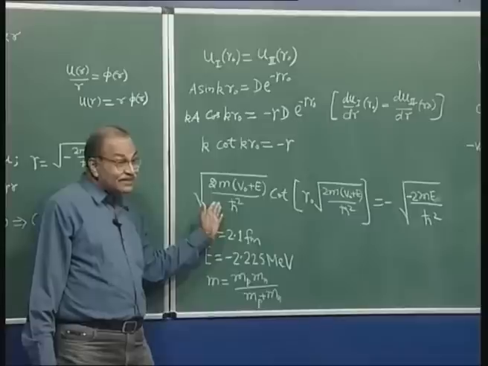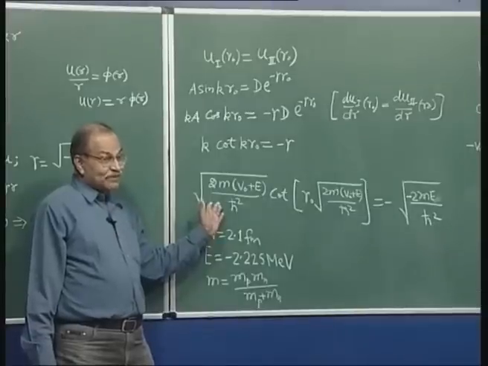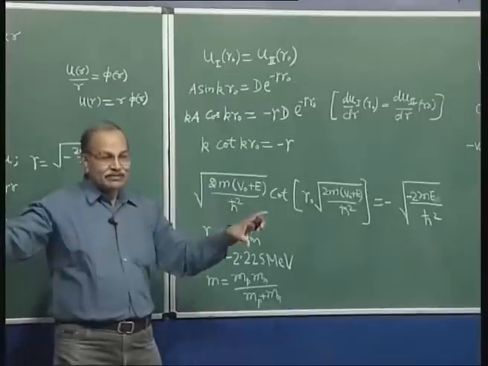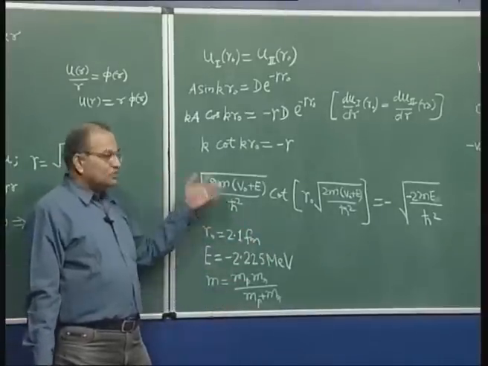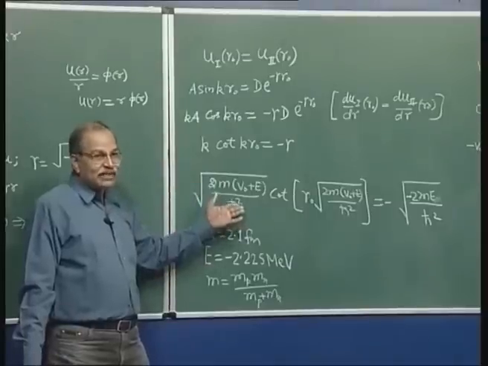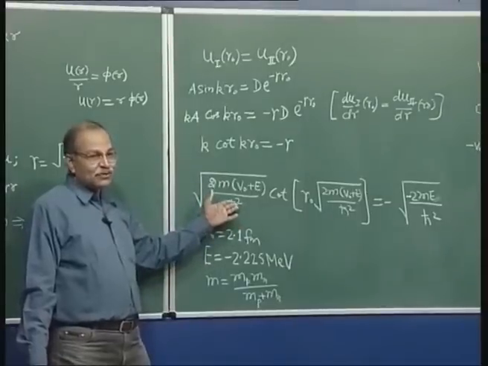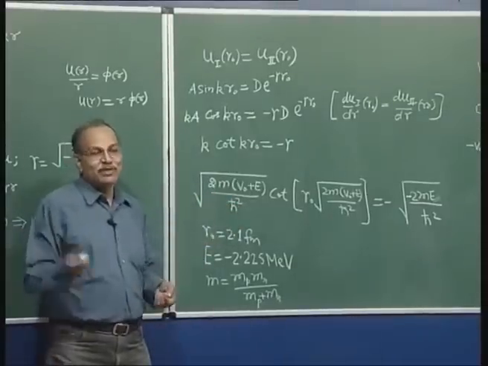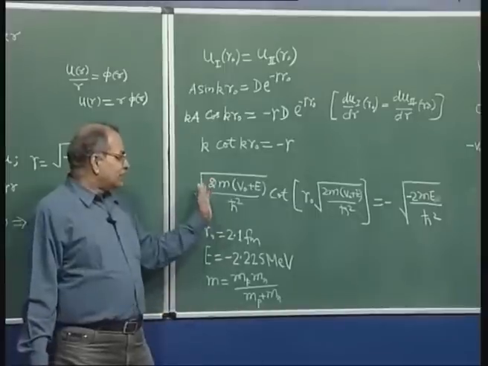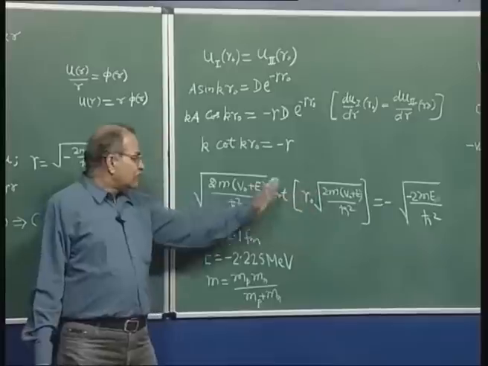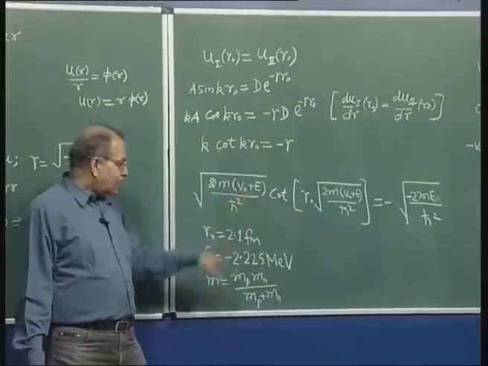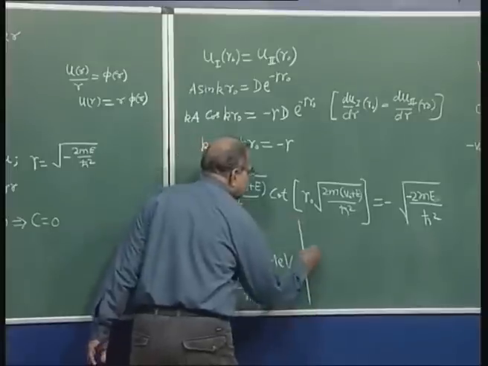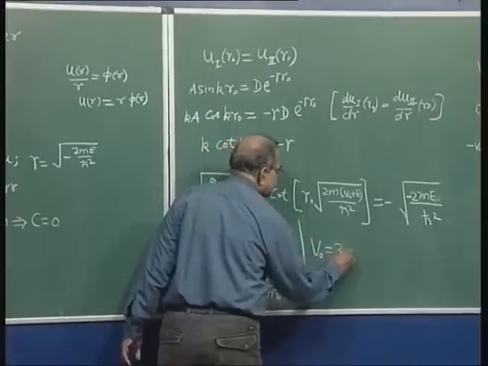This is a single equation in a single variable, one equation, one variable, solve it. One has to use computers and numerical solutions. It is not a quadratic equation where you use a formula to solve it, but in any way you have everything known except V naught. So, you can get V naught from here, and that V naught turns out to be 36 MeV.